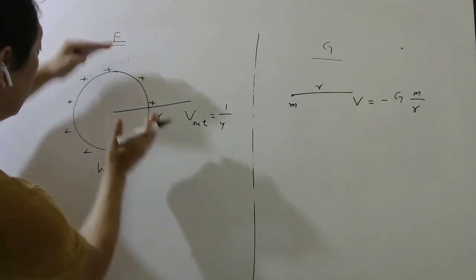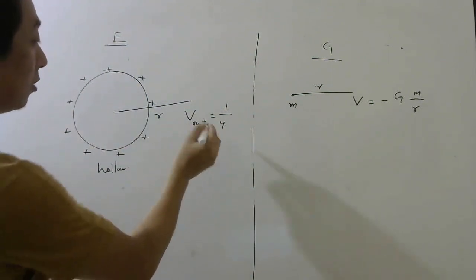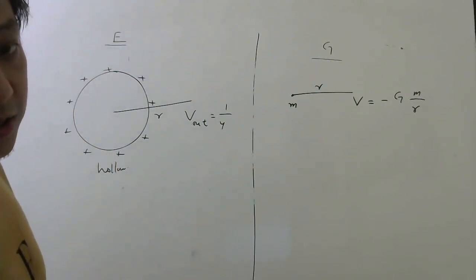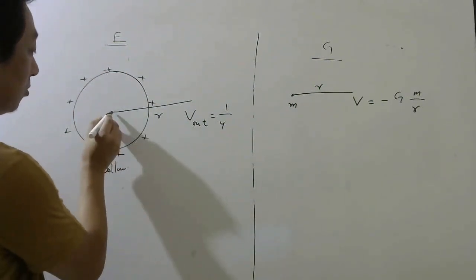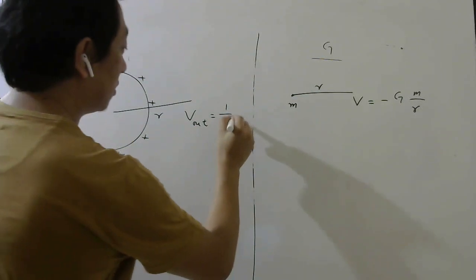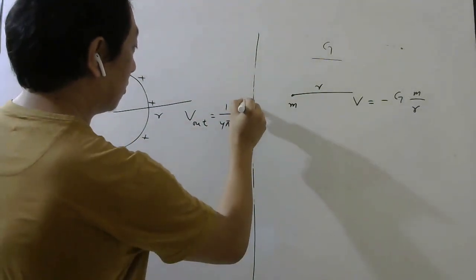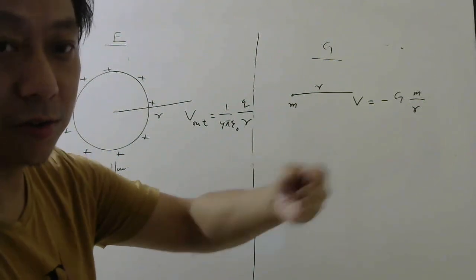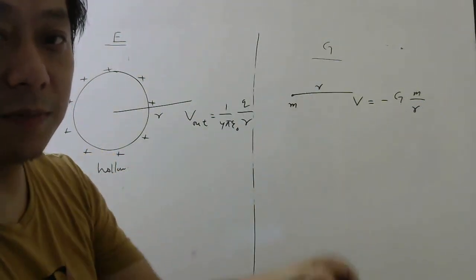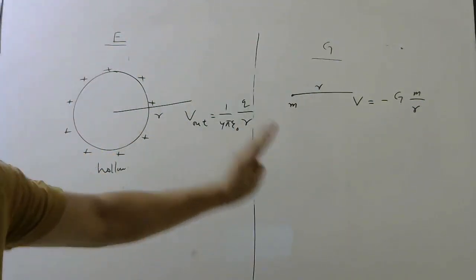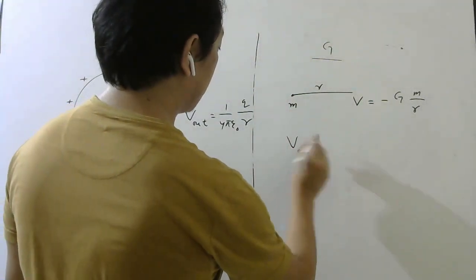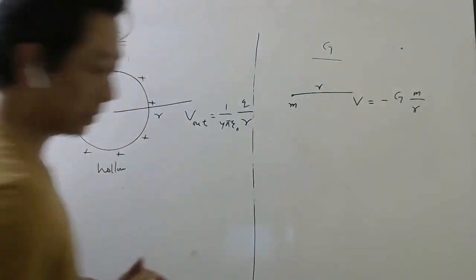So if you put the whole charge at the center, the formula for potential here due to this hollow charge is the same as the potential due to this point charge, which is 1 by 4 pi epsilon naught Q by r. It is expected also because the electric field formula was also similar to that produced by a point charge outside, okay. But similarly here outside, if you have a, let me rub this one.